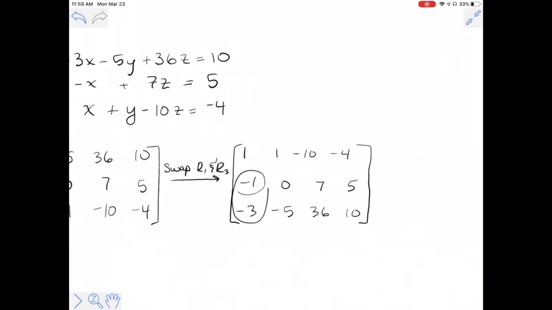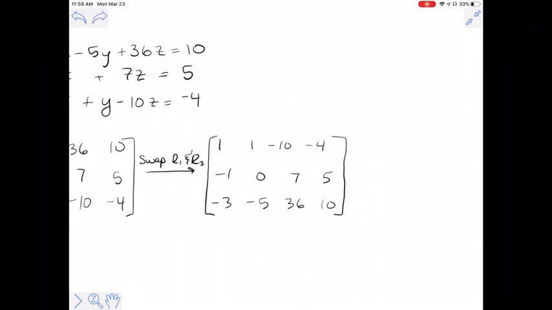Now I want these here to be zeros. So I'm noticing here, if I just add these two rows together, row 1 plus row 2, that's going to give me 1 plus -1, which is 0. And then I could just place that 0 right there in row 2. So what I'm going to describe here is row 1 plus row 2, and that's going to give me a new row 2.